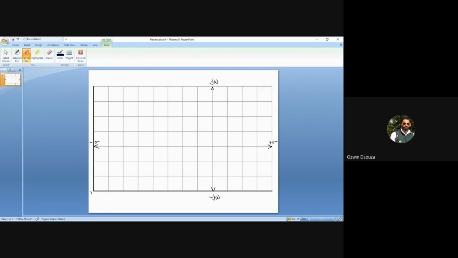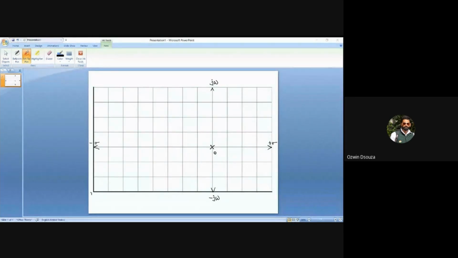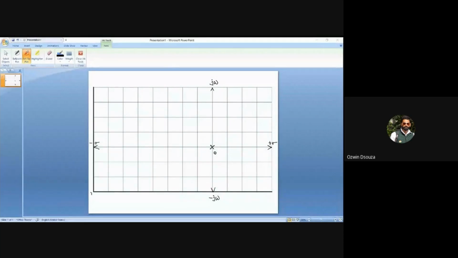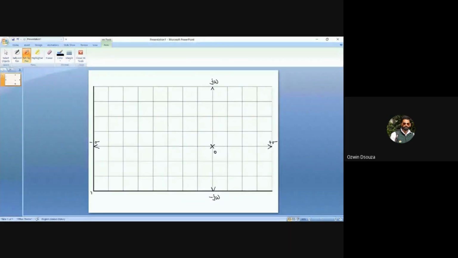We have a pole at origin, and then we have poles at -1, then -2, and -3, right?